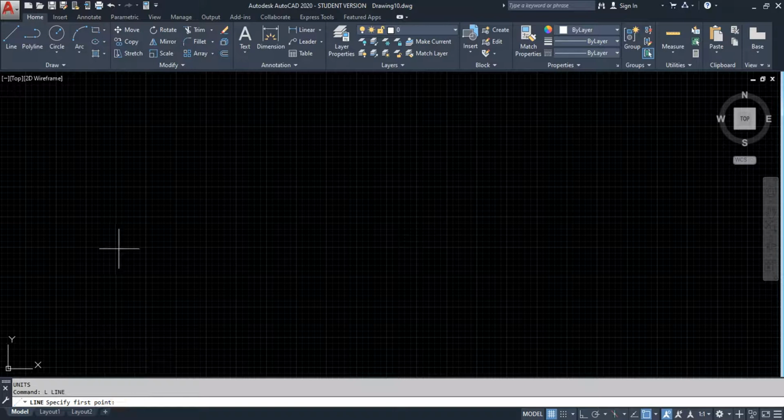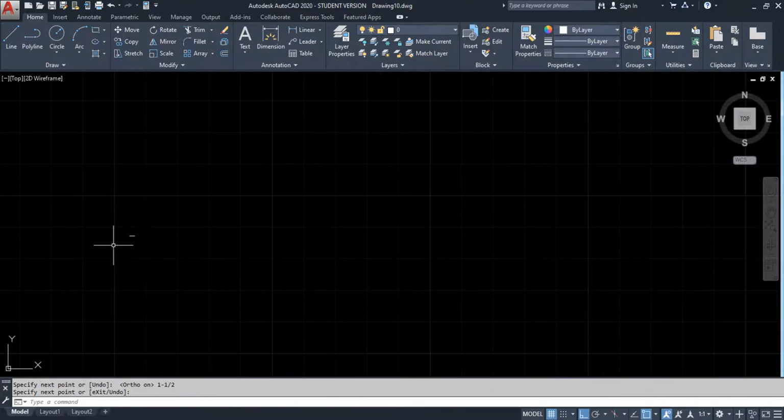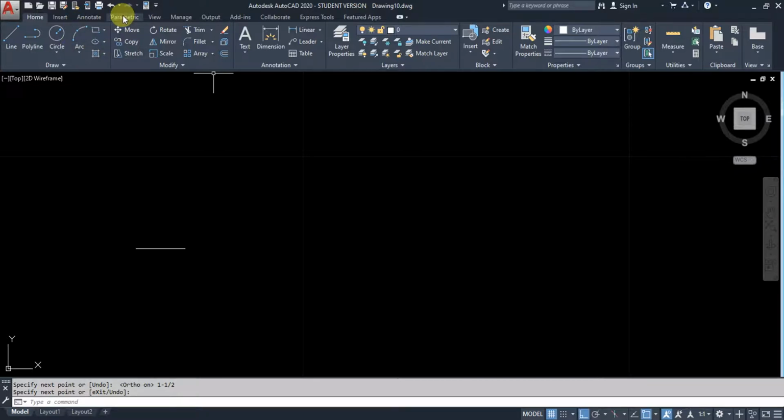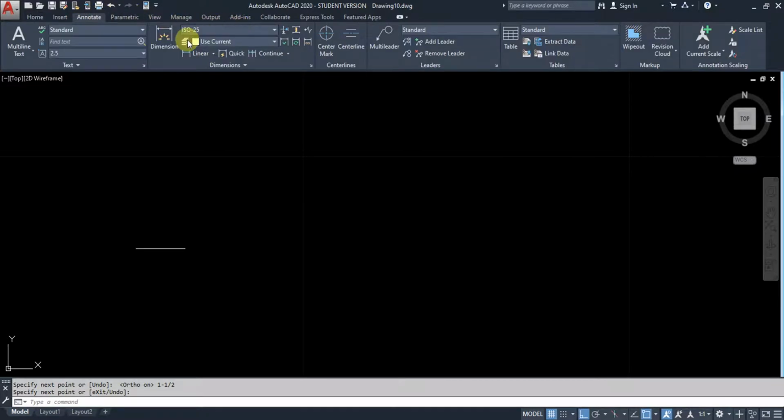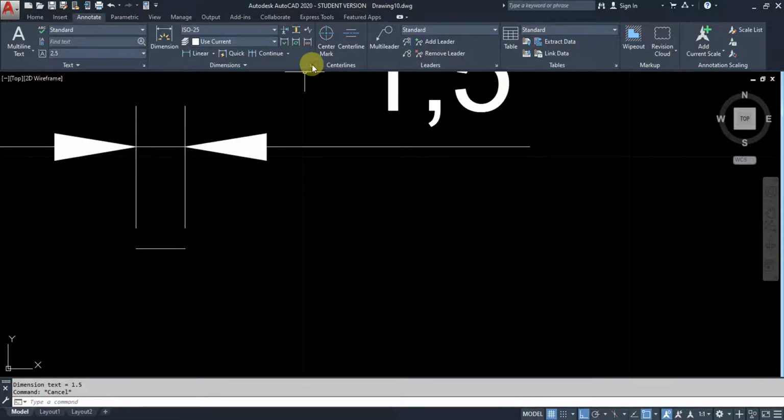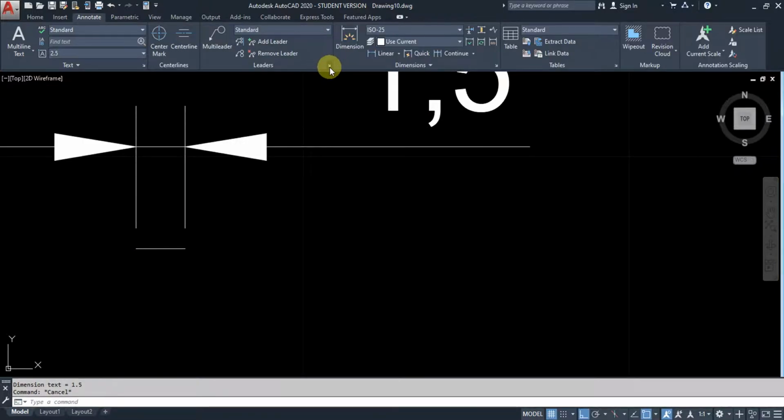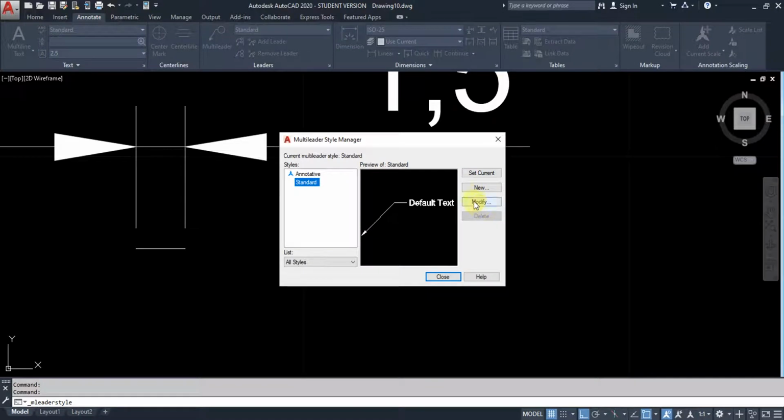Line. So like that I'm going to give 1 hyphen 1 by 2, enter. Once I give it, I get the output unit in decimal only, because its basic unit type is decimal.